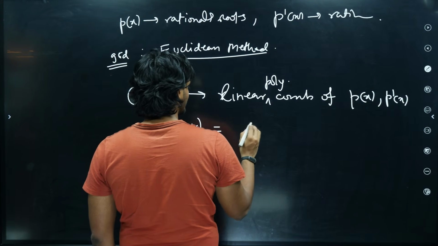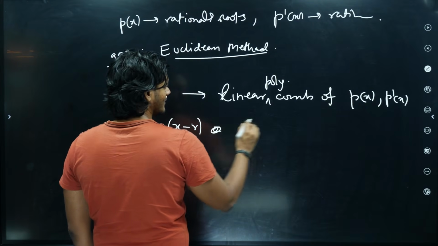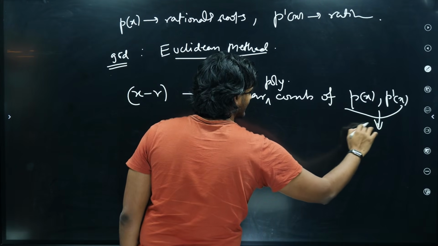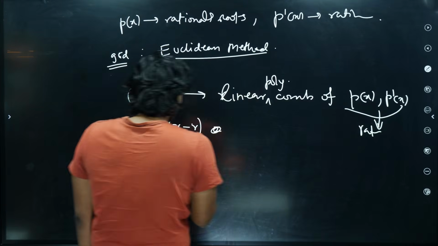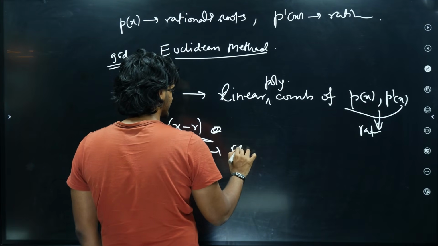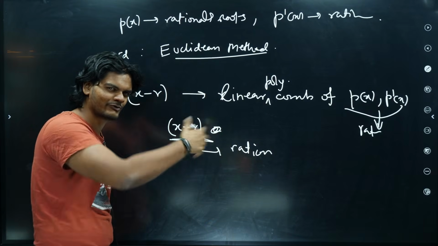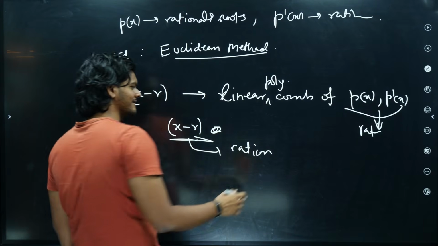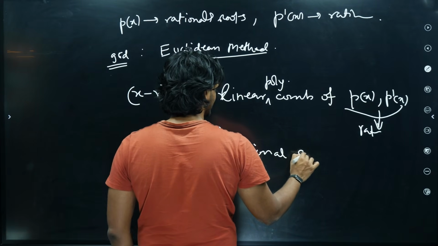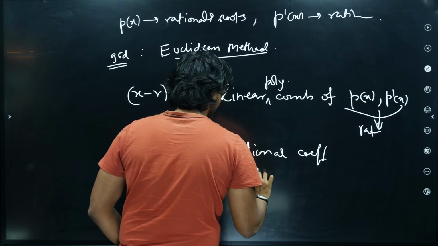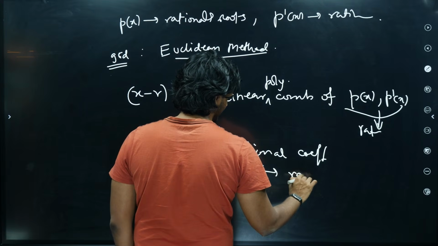These two have rational coefficients, so the combination must have rational coefficients. By the linear combination, we get this conclusion. So x minus r has rational coefficients, that means r has to be rational.